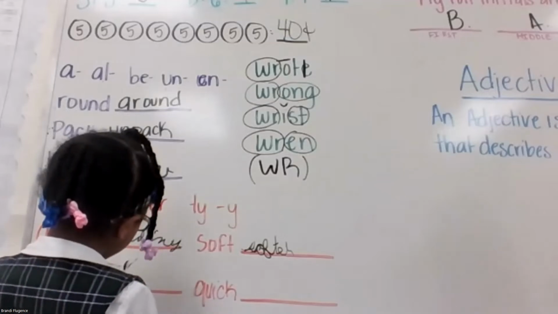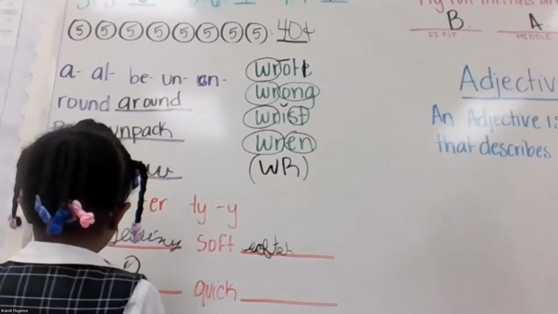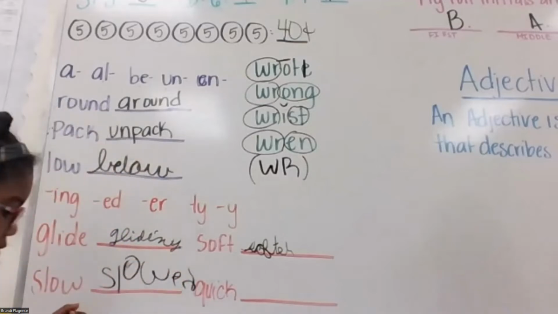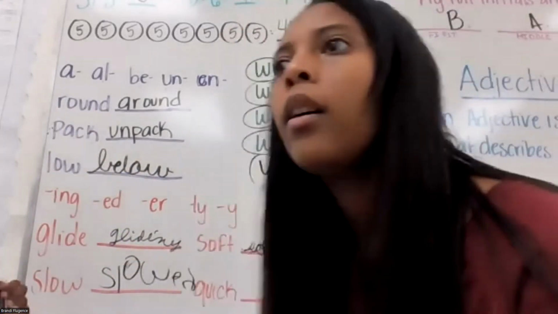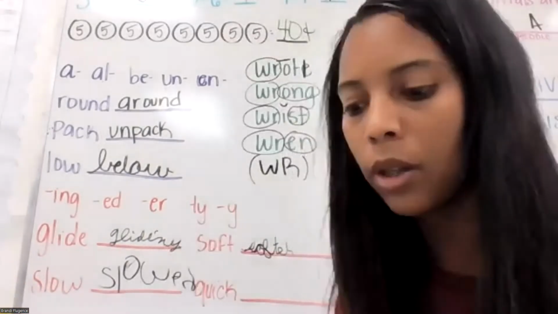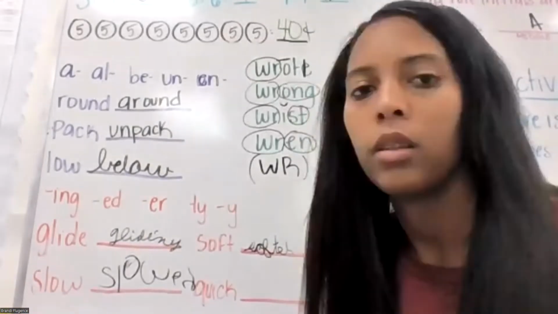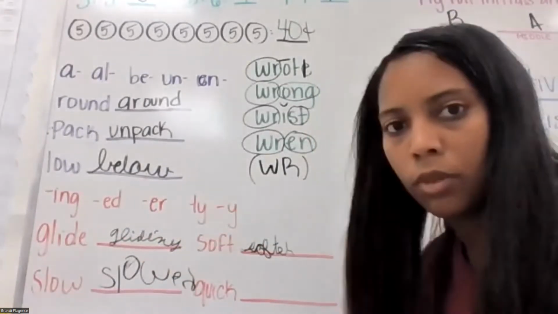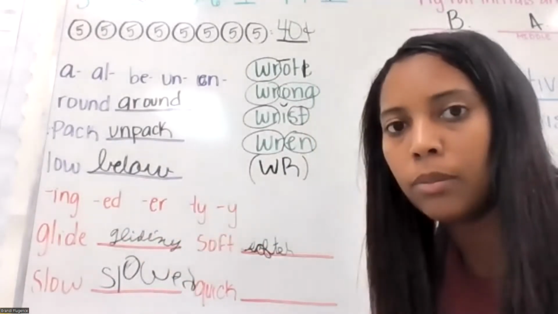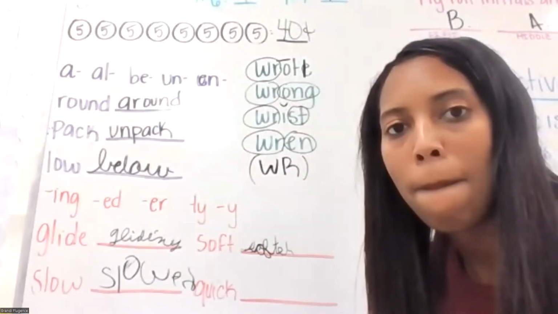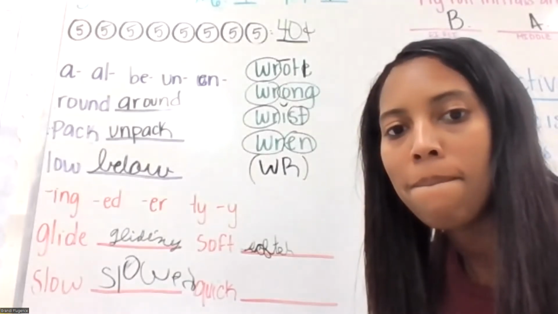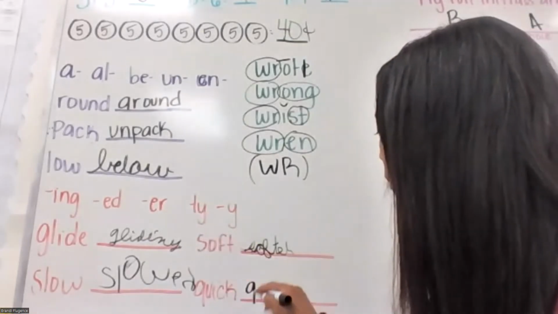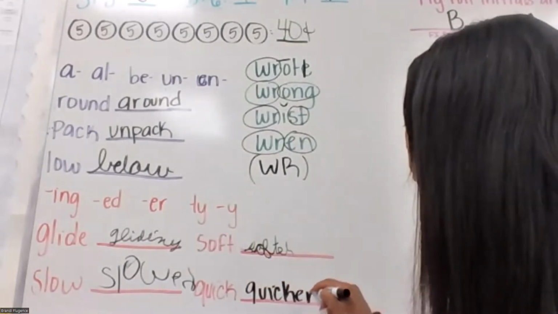Okay, slowed, and then quick. Quick. Dennis or Avaya, one of y'all want to do quick? Me. Okay, go ahead, Avaya, quick. What suffix can I add to quick? Quicker. Quicker, ER. Good, awesome.